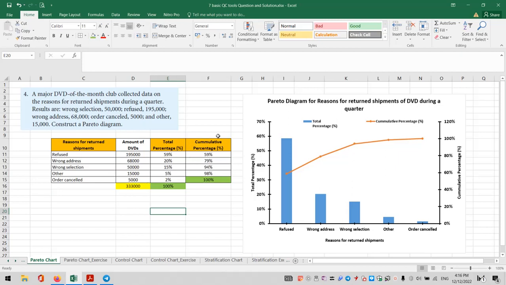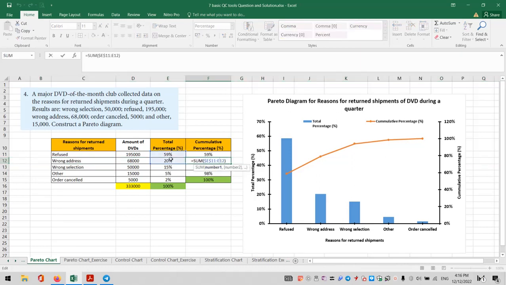And then how do we calculate the cumulative percentage? For the first row, we just take this value. After that, for the second row, the wrong address, you need to add the value for refuse and wrong address.